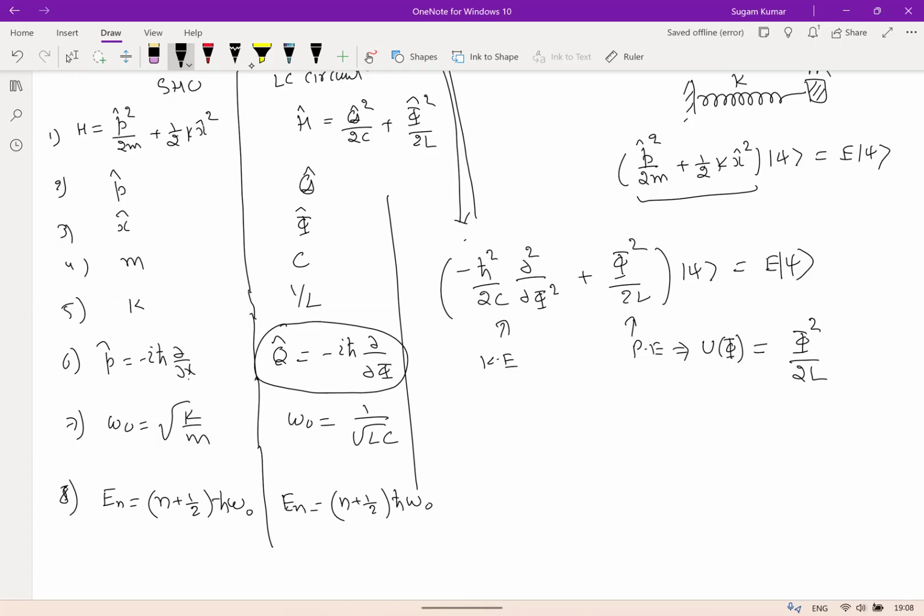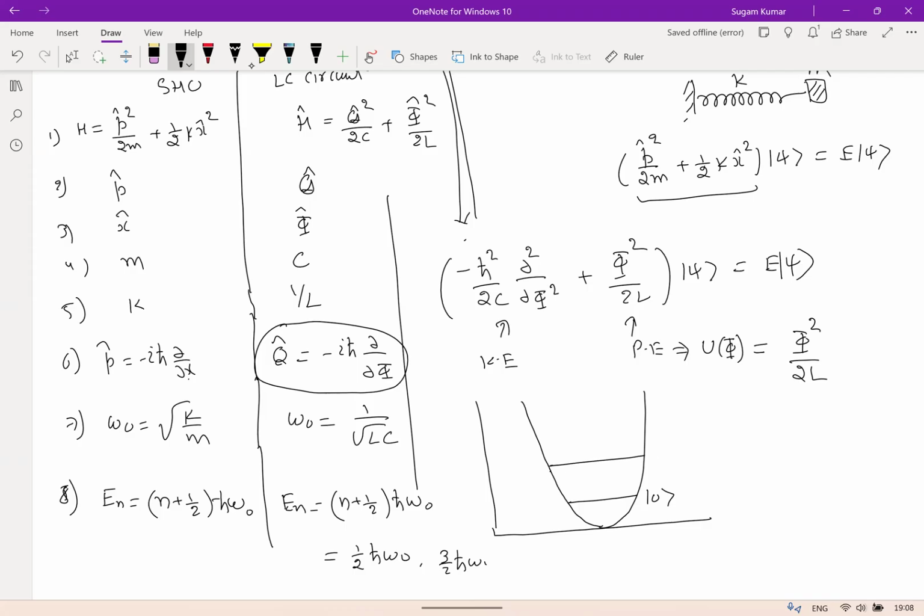And what you see here is the following: this LC oscillator is actually going to act like a harmonic oscillator. In this, there will be different states corresponding to n values. So for example, you can have 1/2 ħω0. This corresponds to a state, let me call it 0. The next state will be 3/2 ħω0.